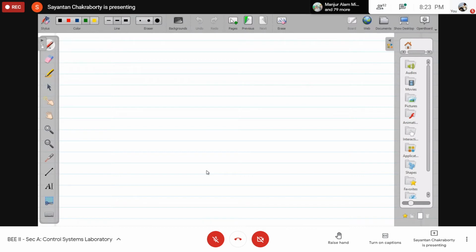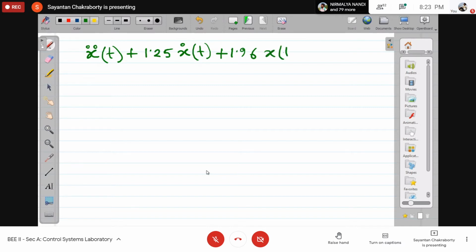What I have simulated is an equation like this. X double dot t plus 1.25 x dot t plus 1.96 x t is equal to something like this.